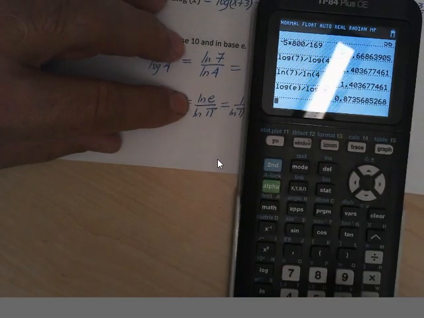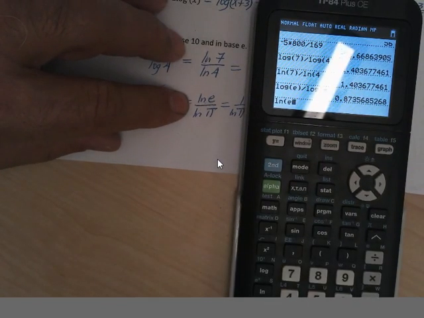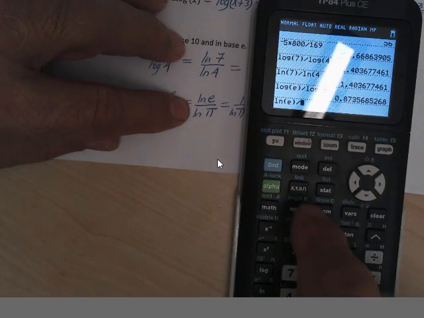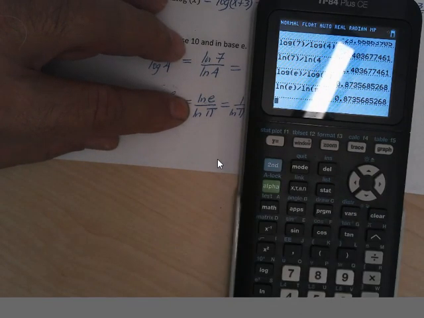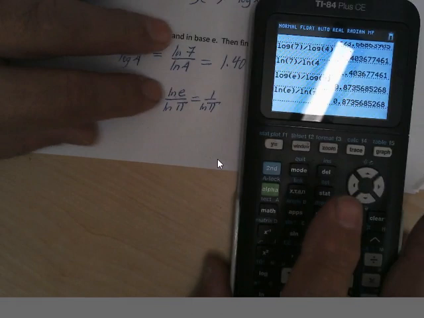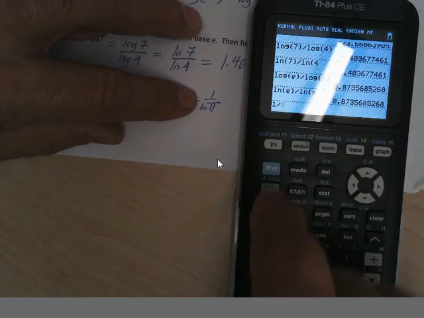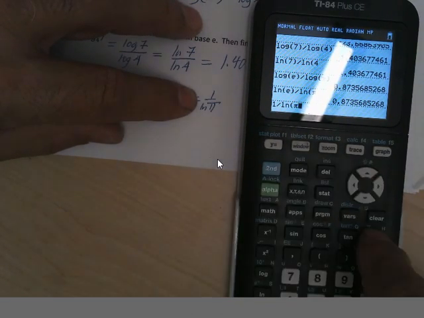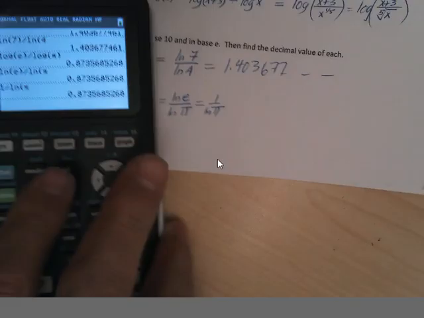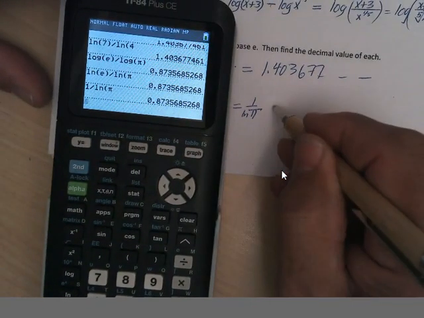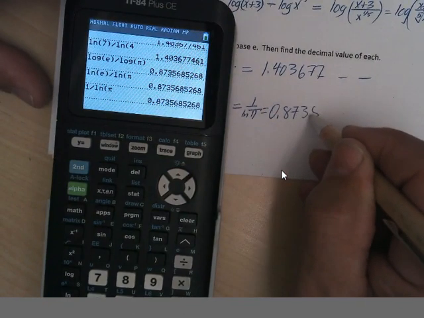You can do ln e divided by ln pi, get the same number, or we can do 1 divided by ln pi, we get the same number. And that number is 0.87356.